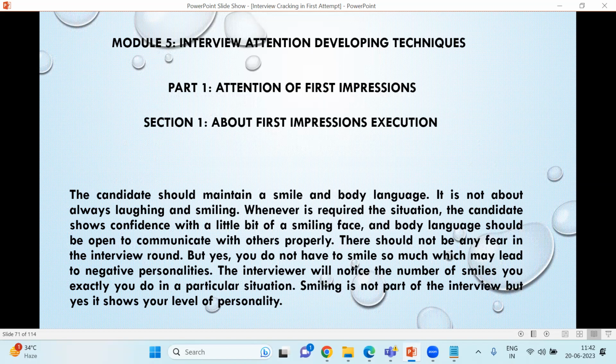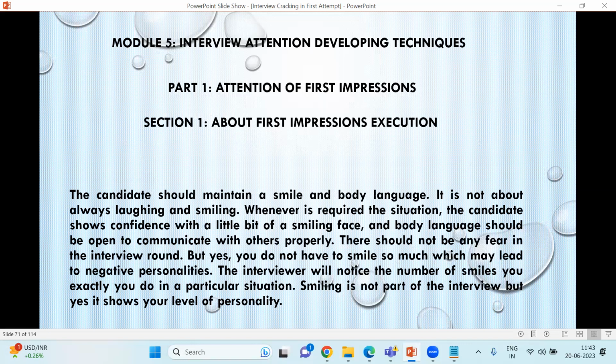If you are always smiling, it will have a negative impact on the candidate and can lead to rejection by the interview panel. In the right situations, you are free to show confidence through the posture of the body.